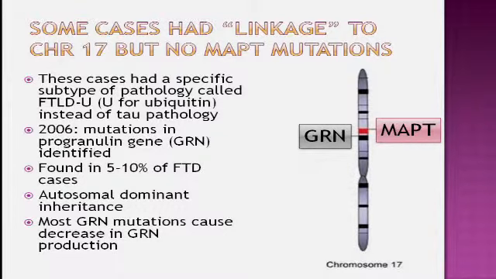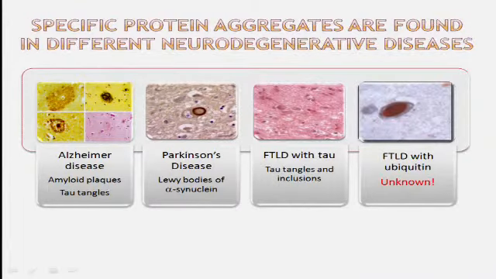So you would get truncated proteins. What this is referred to as a haploinsufficiency is that it's half the amount of protein, and that causes disease. And there's a lot of people studying this to try to understand how that causes disease.